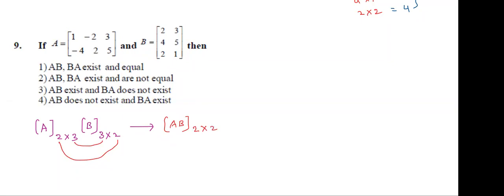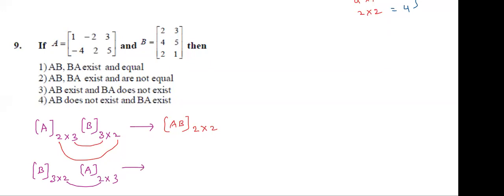Okay, this is AB. Now observe BA. First write the B matrix. B matrix order 3 by 2 and A matrix order 2 by 3. You see that these two are equal, so matrix multiplication exists.